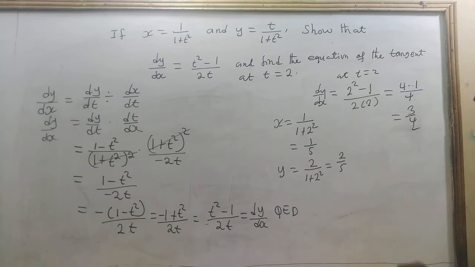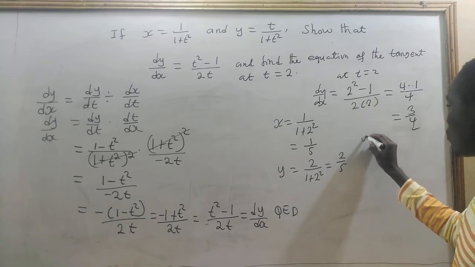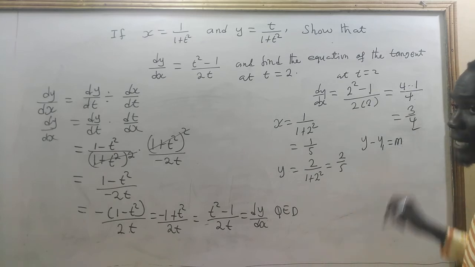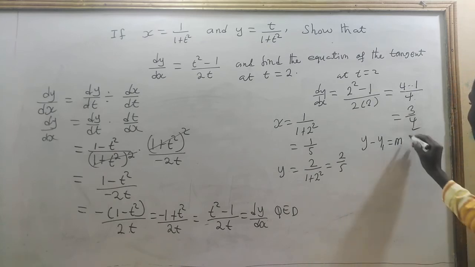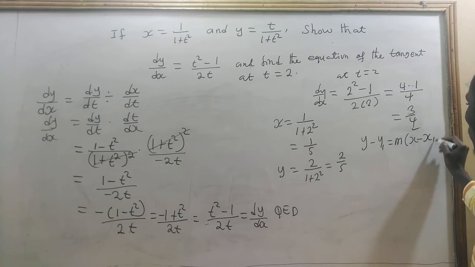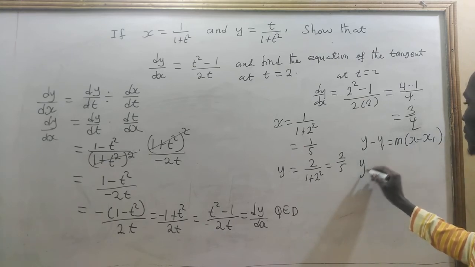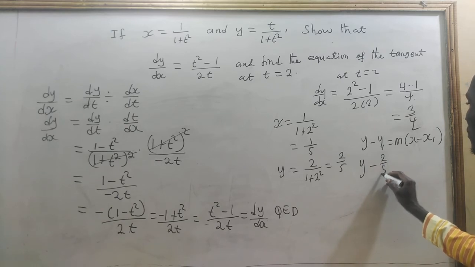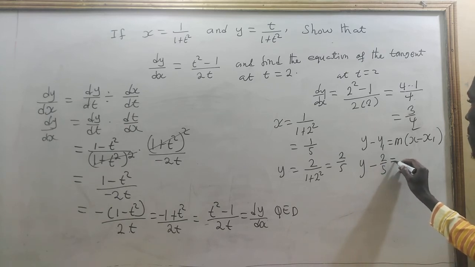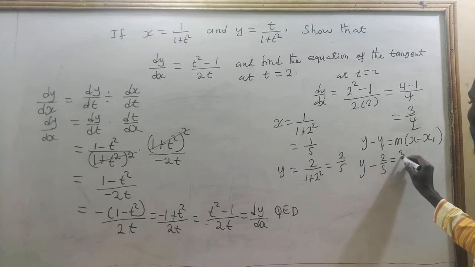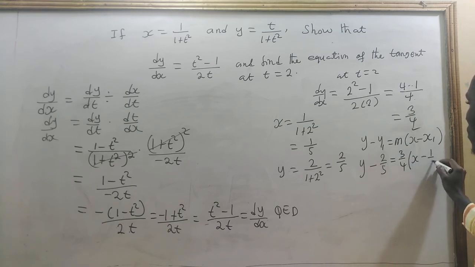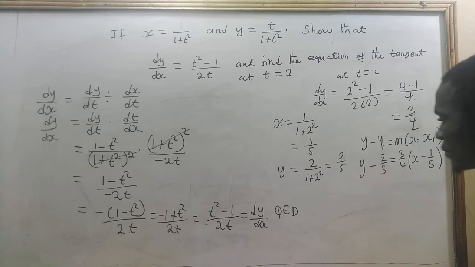Now, we write the equation of the tangent as y minus y1 equal to the gradient of the tangent times x minus x1. So we have y minus 2 on 5 is equal to 3 on 4 times x minus 1 on 5. Correct.